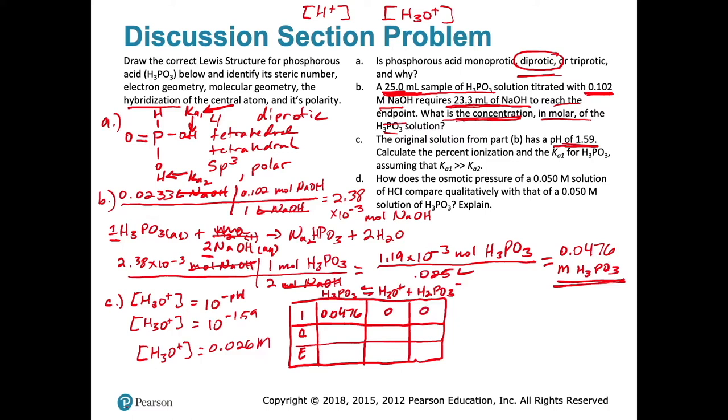The other thing that we've already done using all the math, which is great, is that we have figured out that the hydronium ion concentration is 0.026 right there. That's great because now we can fill that in. We know that the phosphorus acid lost this much, and the hydronium ion gained this much.